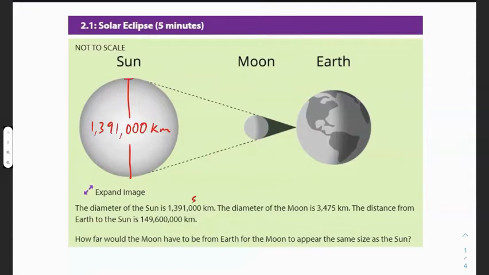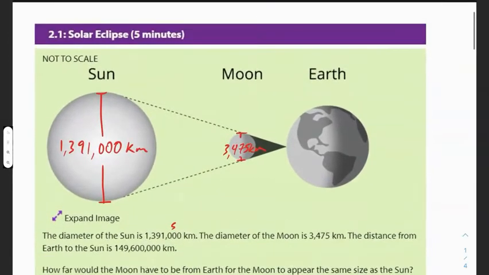And they tell us that the moon's diameter is a little bit more adorable, just 3,475 kilometers. It's not too bad, especially compared to the sun. That's huge.